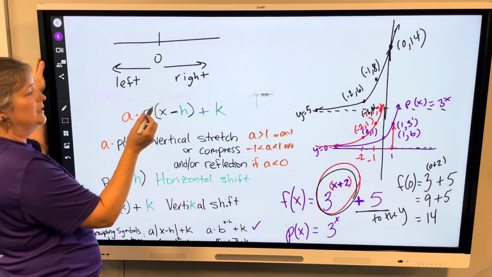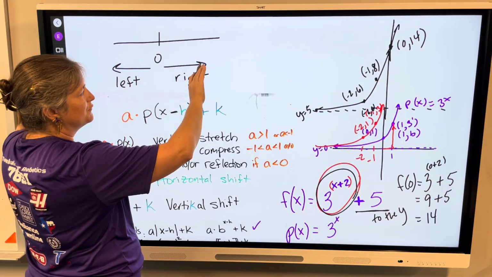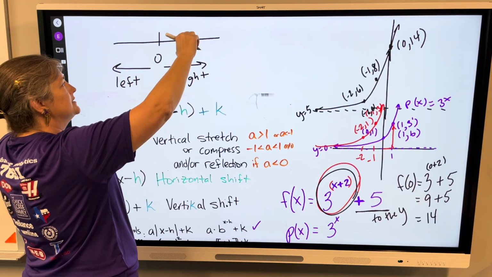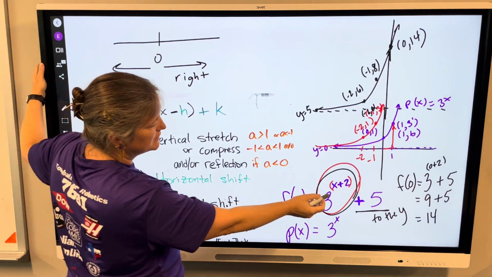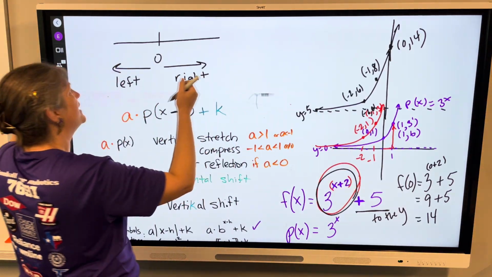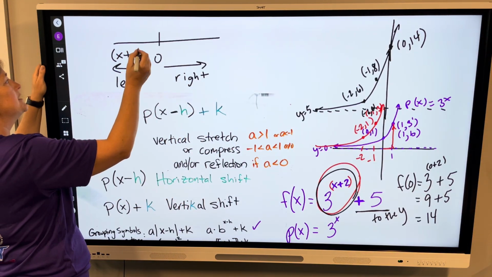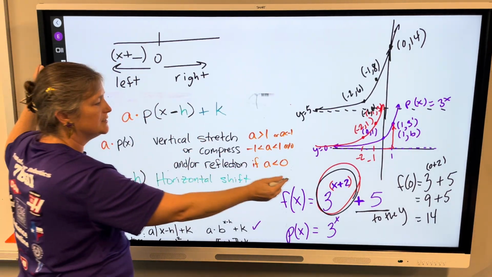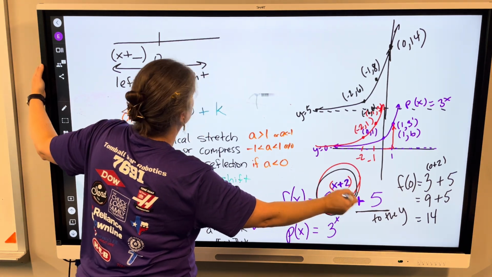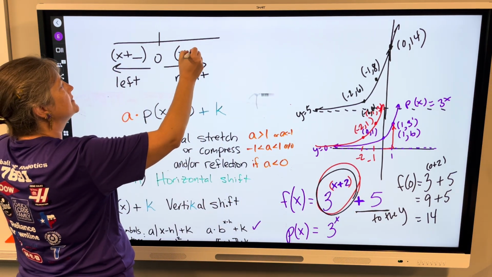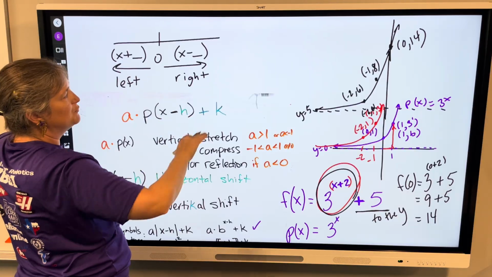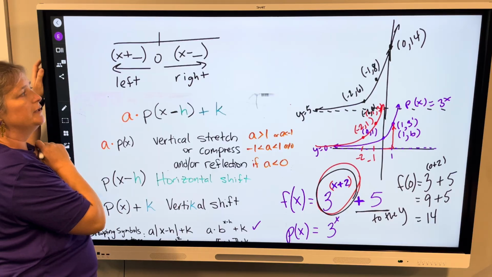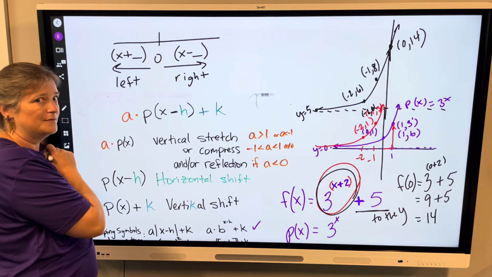But also, when we shift to the right, our new x value is positive, which means we have to subtract it. So this was x plus 2, and it moved to the left. So when we see x plus a number, we're going to be shifting to the left because the 0 of this is negative. If we see x minus a number, the shift will be to the right because the x value that makes it 0 will be positive.